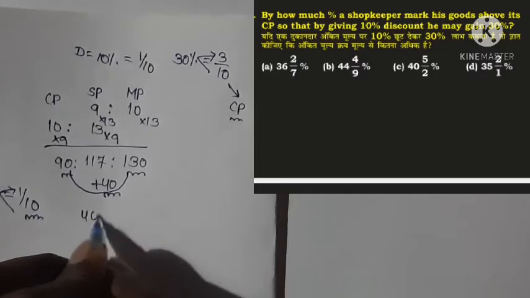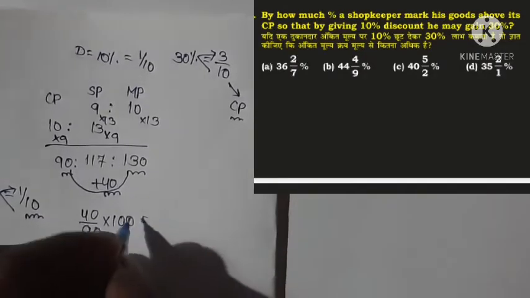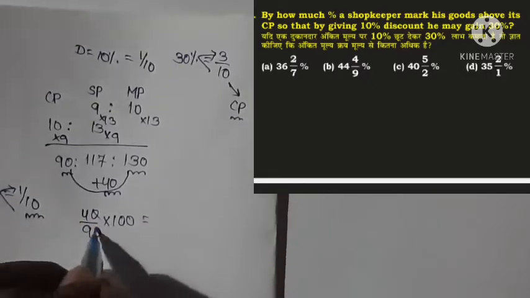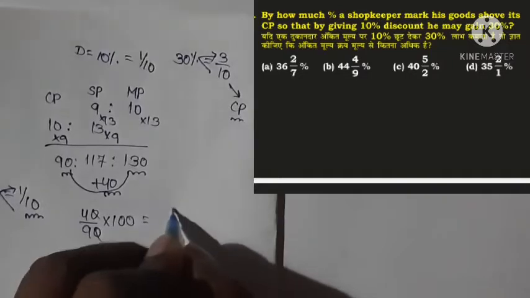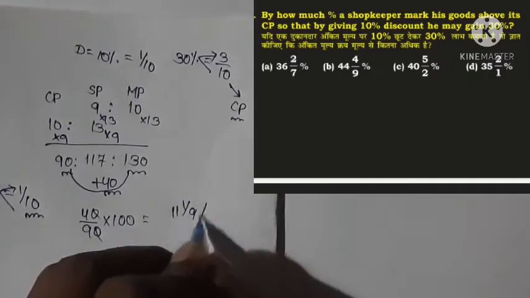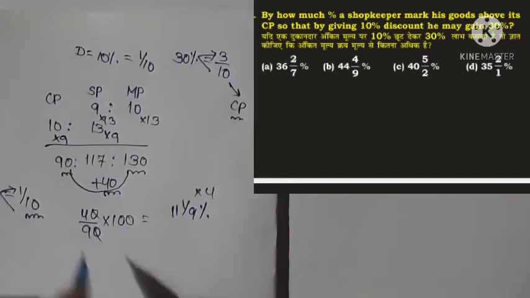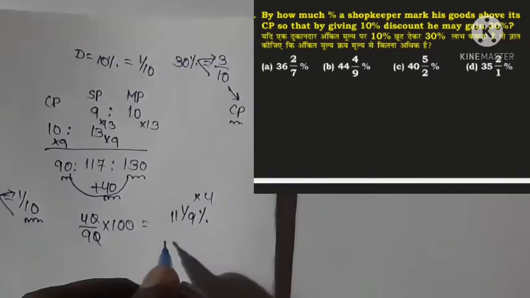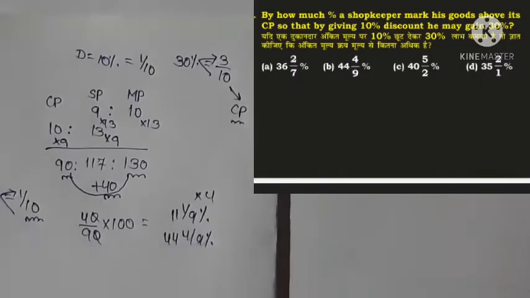So 40 by 90 into 100. So 0 cancel, 4 by 9. 1 by 9 into 100 is 11 1 by 9 percent. So into 4, the value is equal to 44 4 by 9 percent.